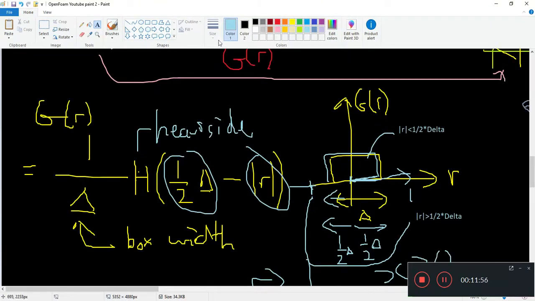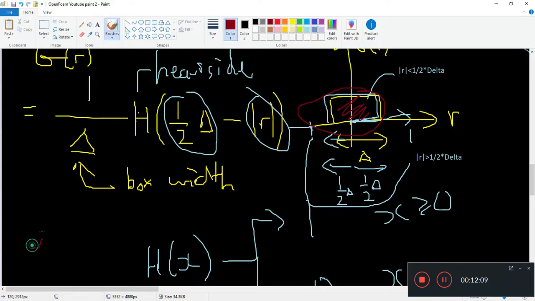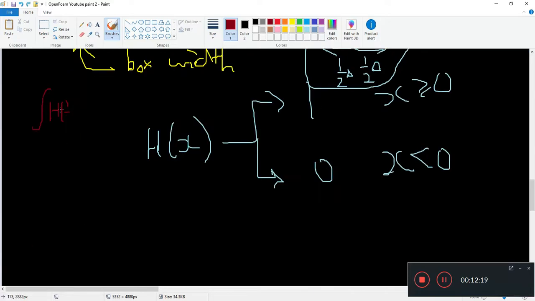Now, of course, you cannot have it one all the way around. You have to make sure that the area under this curve, or the area under the box, so to speak, is equal to 1. So to do that, you need to set the integral of this Heaviside function, h of half delta minus mod of r, equal to 1, so you have to multiply it by some constant.